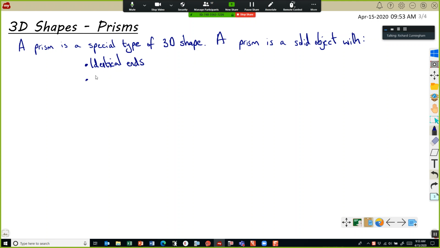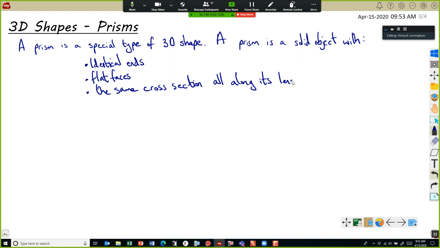It has to have flat faces. And it has to have the same cross section all along its length.